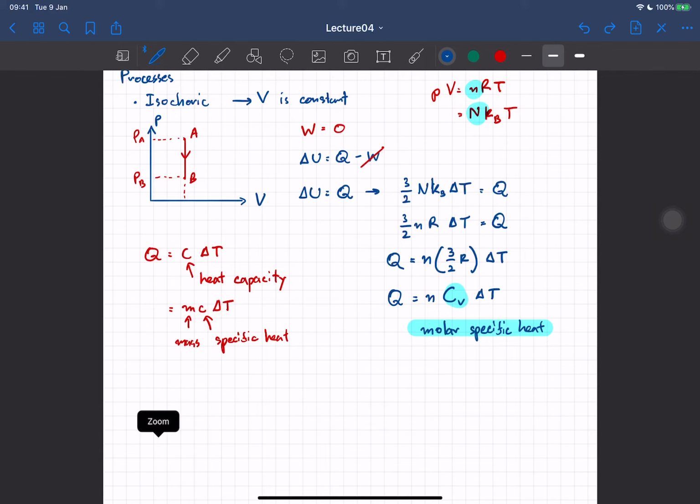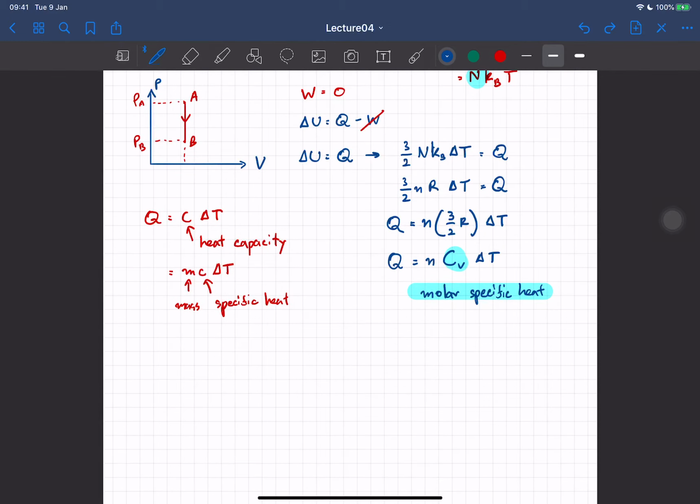We can do a little bit differently by talking about the next process, which is called isobaric. Now, if you have any word that contains this kind of bar, usually it's related to pressure. Like some of you might know that the device that we use to measure pressure is called a barometer.